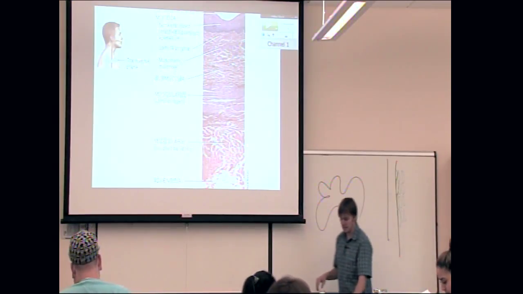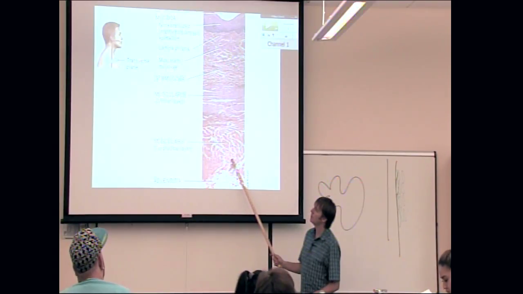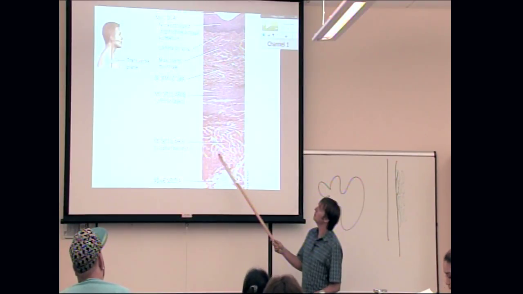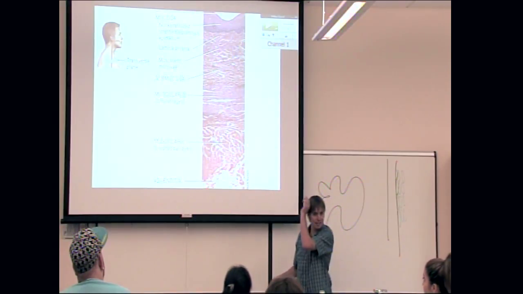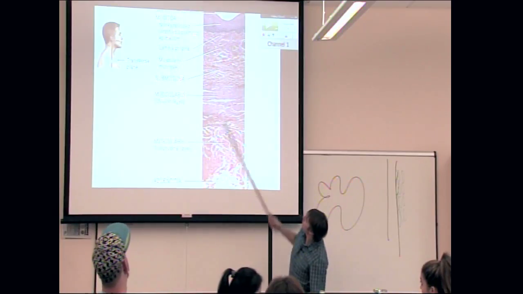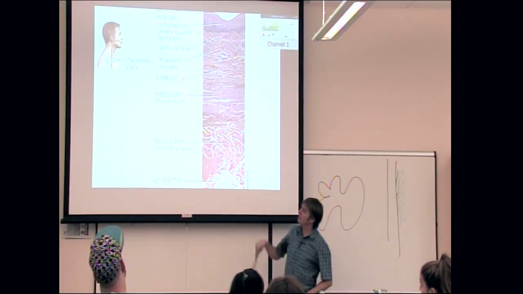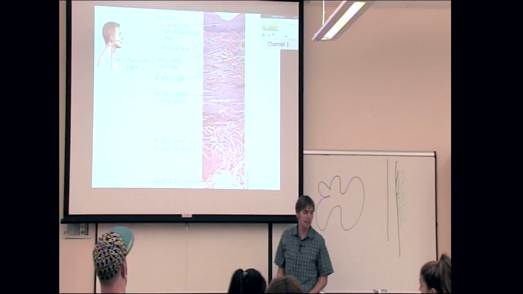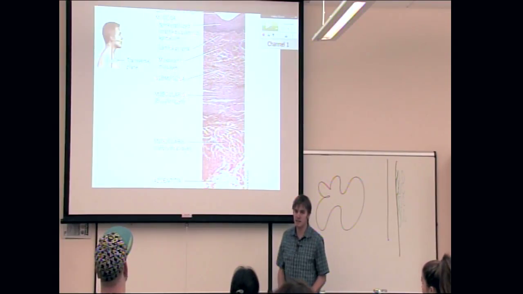So this is kind of cool. This is a slide of the esophagus sliced. So this is just one wall. You could see all the crazy layers that are in there under the microscope. You could sort of tell, maybe not super easily, but those are a whole bunch of layers of narrow cells.